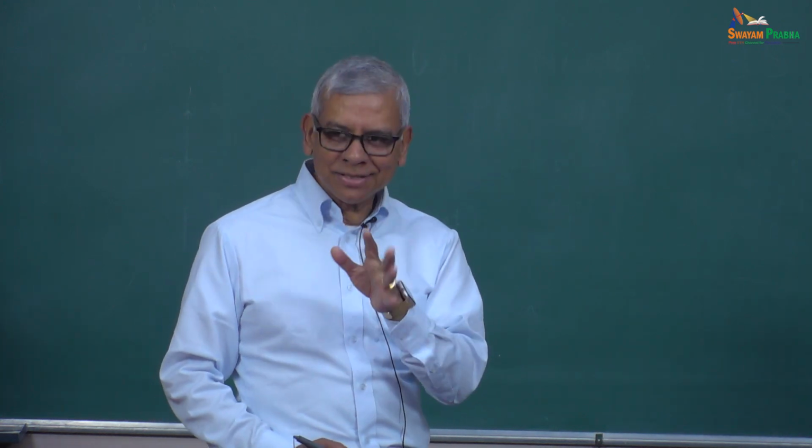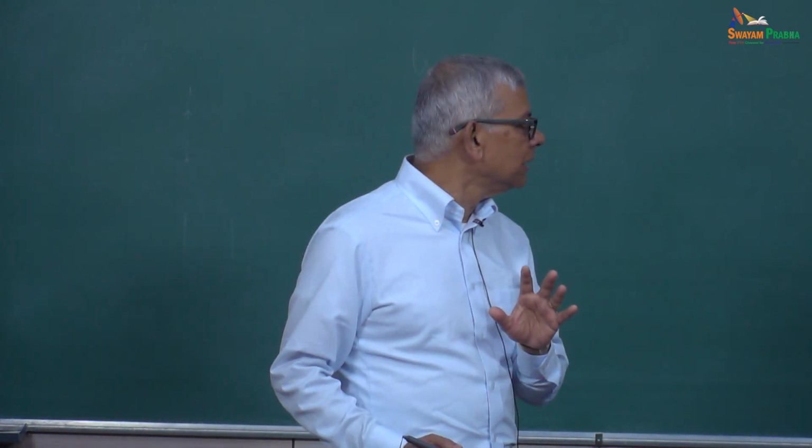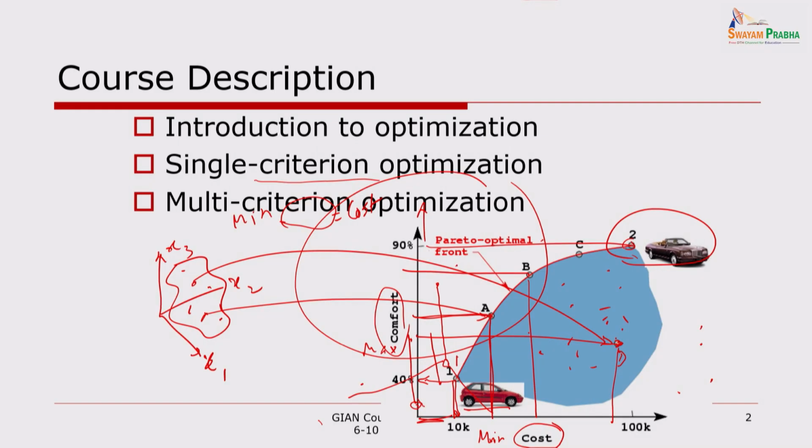There is a difference, although I'm mixing it here. Pareto optimal front are the points in this objective space. Pareto optimal set are the points over here, because each of these points, maybe 1 is here, 2 is here, A, B, C is there. So they may line up in some way, because each of these points is coming from there, right? Together these points are called the Pareto optimal set.